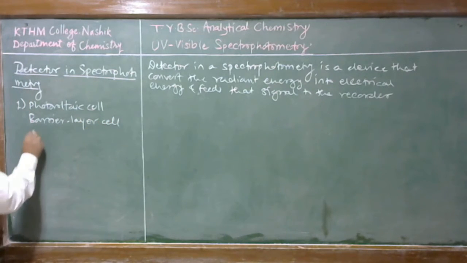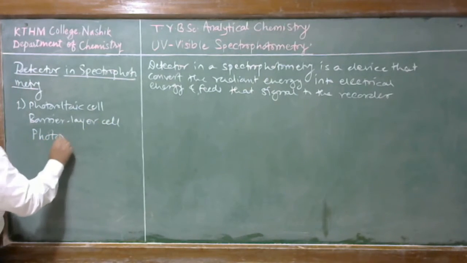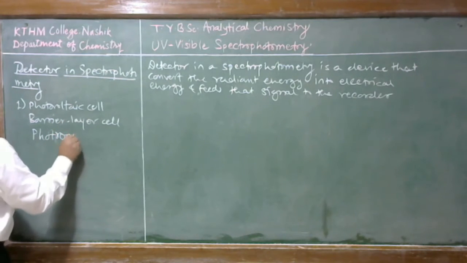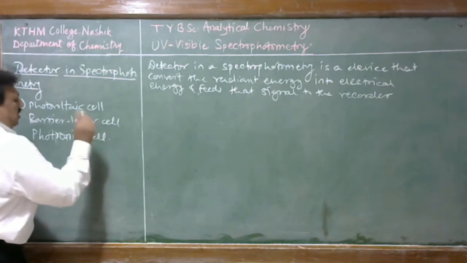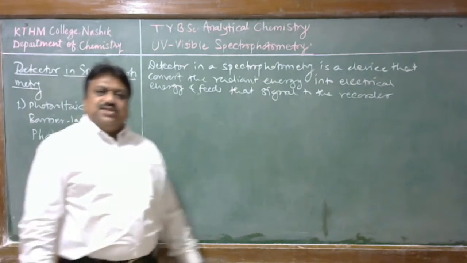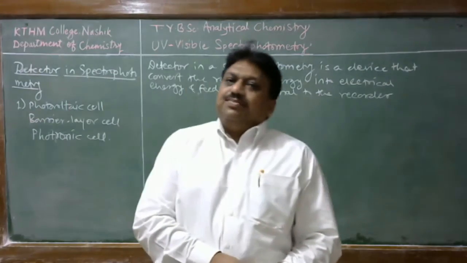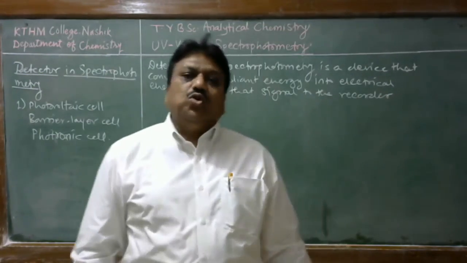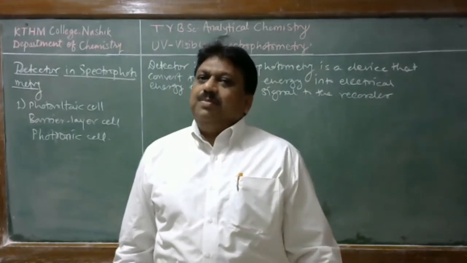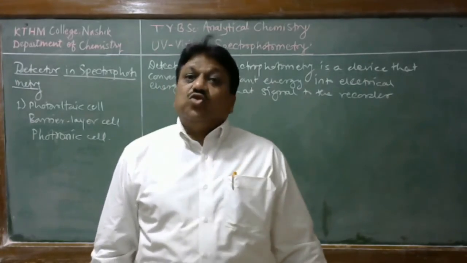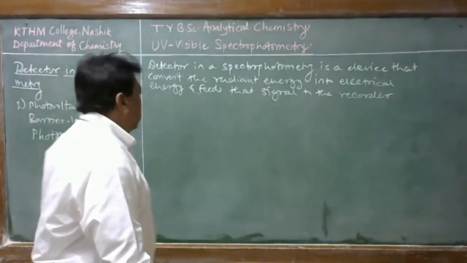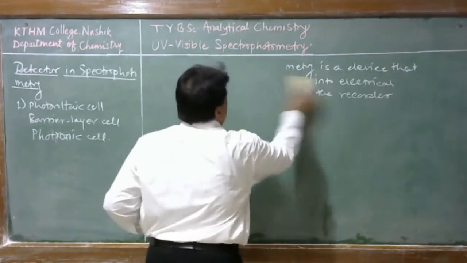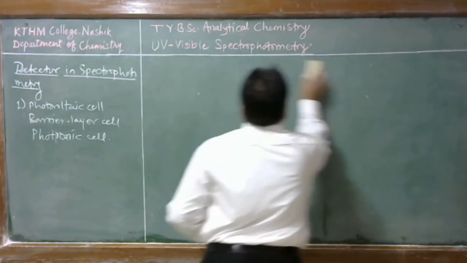It is also called a photonic cell. Therefore, this is the first type of detector used in absorption spectroscopy, that is called a photovoltaic cell or barrier layer cell or photonic cell. Now, how is this detector constructed and how does it work, that we discuss here.